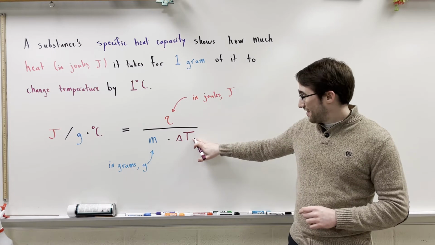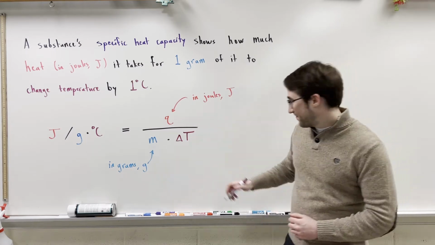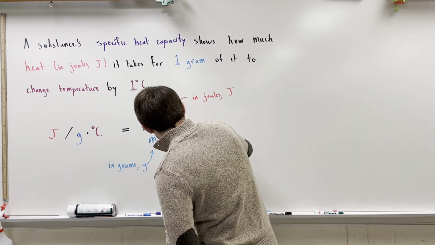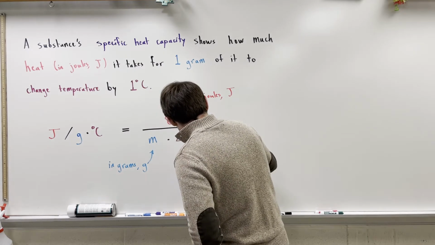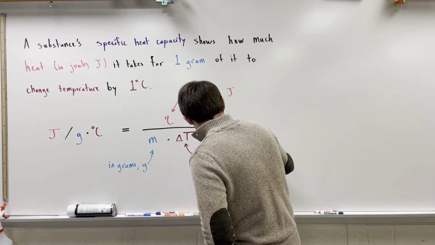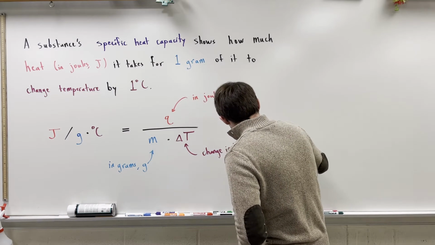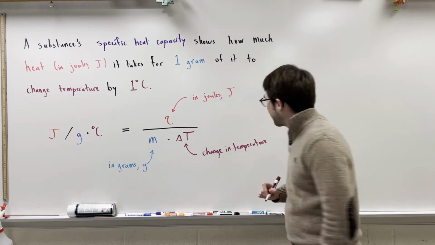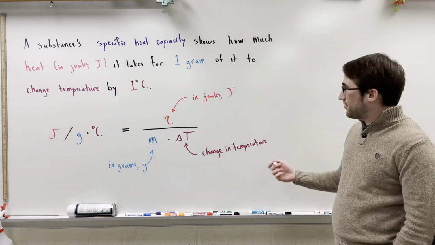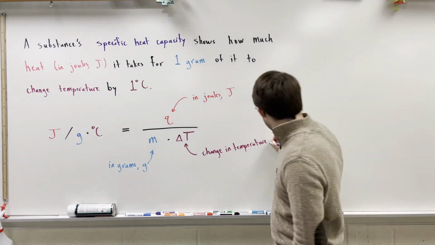A delta, capital T, means a change in temperature. And the unit of temperature we're going to use is degrees Celsius.